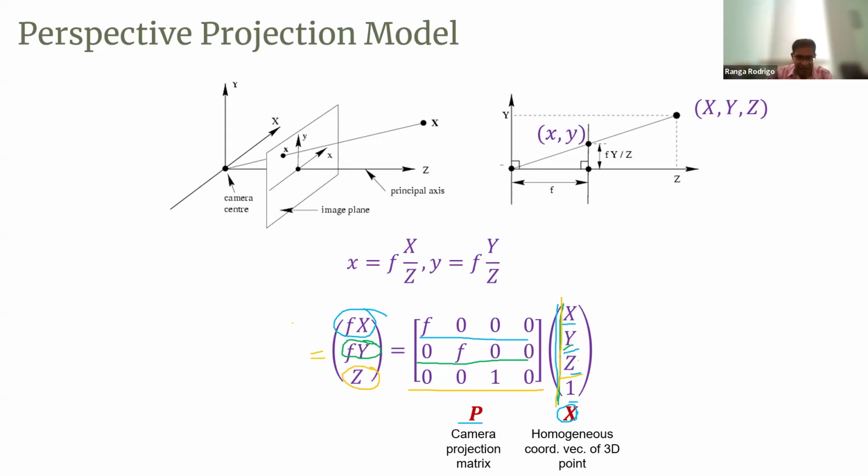Remember, you have to divide by the last coordinate. So fX divided by Z, the second coordinate will be fY divided by Z, and the third coordinate will be 1 when you divide the whole thing by Z, right? Equivalent representation. So you can see we have obtained this. That means we have converted these two equations into matrix form.